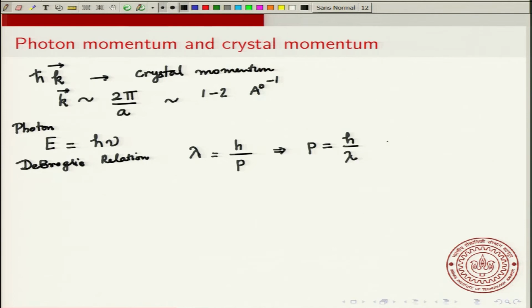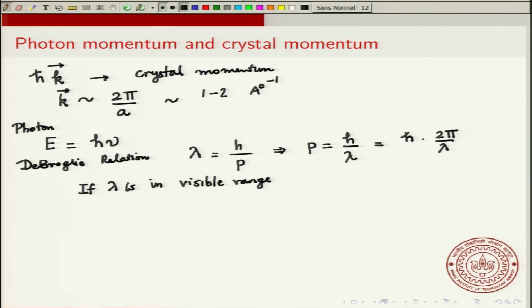If you look at, let us say, visible light, and let me write this momentum in a slightly different way, as h bar into 2 pi by lambda.